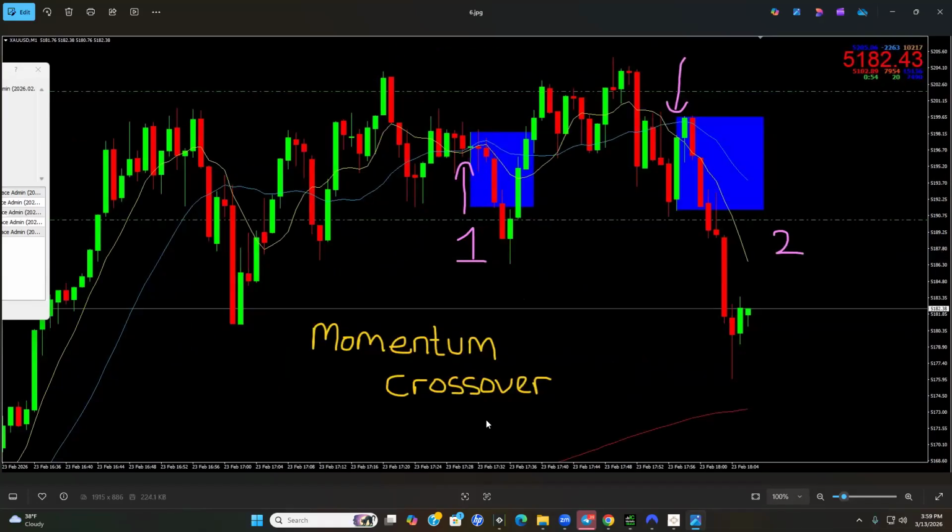Momentum crossover. Do 1 and 2. To be honest with you, I'm trying to even remember what I had in mind when I did this.